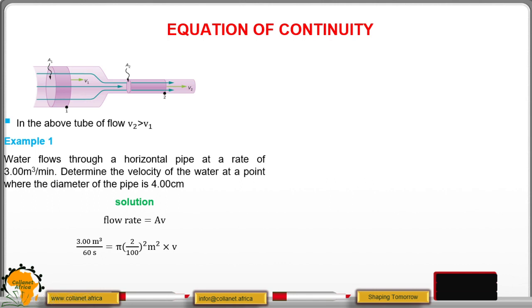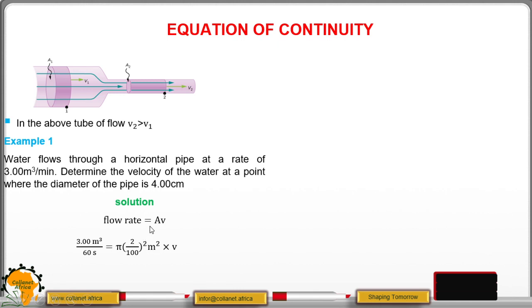Then also, what can make you fail this question is not considering the diameter. We are given the diameter, but we are supposed to use the radius. So that is why you're supposed to divide this by 2 so that you get the radius. And then you are supposed to divide by 100 so that you convert the centimeters to meters. And then you multiply by the velocity now.